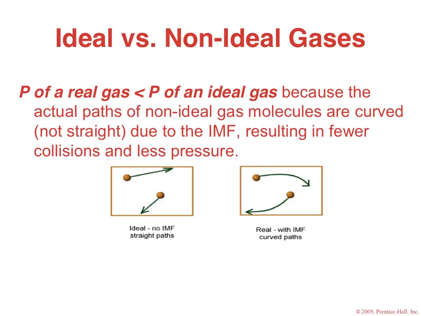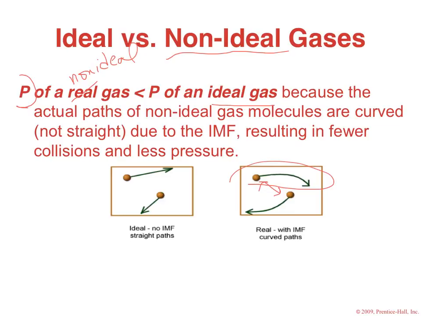But the bottom line, if you use the non-ideal gas formula, you should end up calculating the pressure of the non-ideal gas as less than the pressure you would calculate using the ideal gas formula. This is weird, but the paths of a non-ideal gas are a little bit curved, and that's because they're feeling attractions to each other.